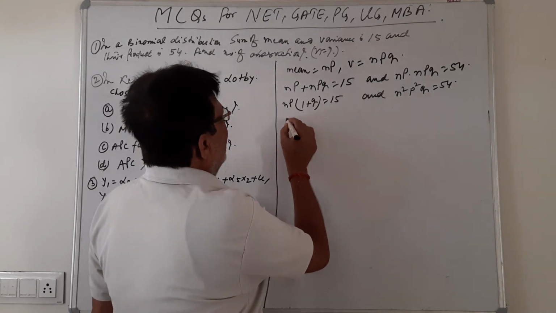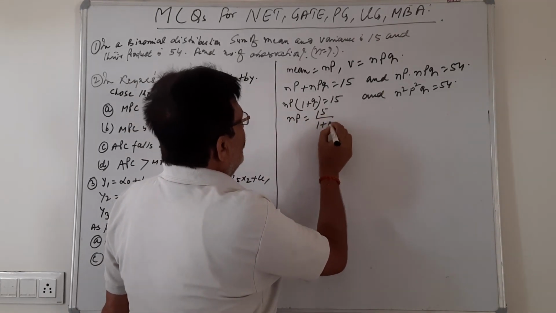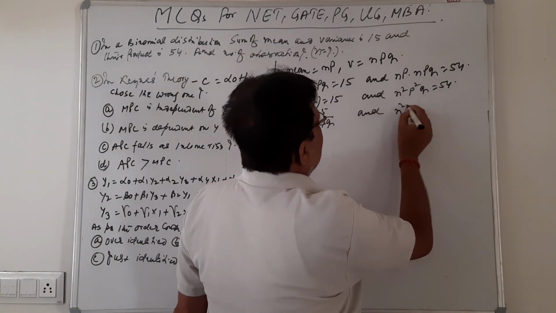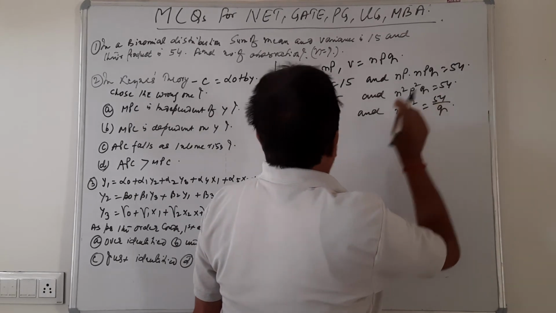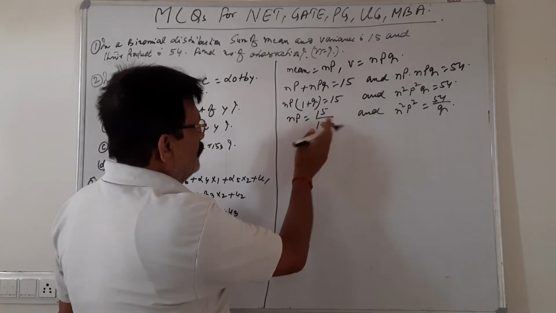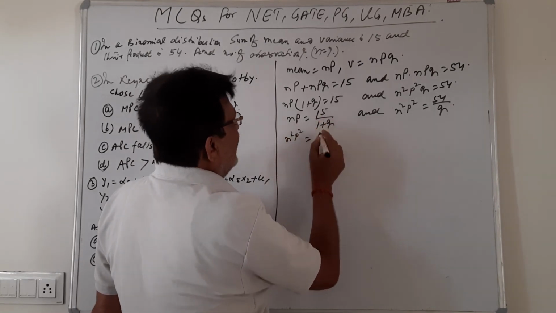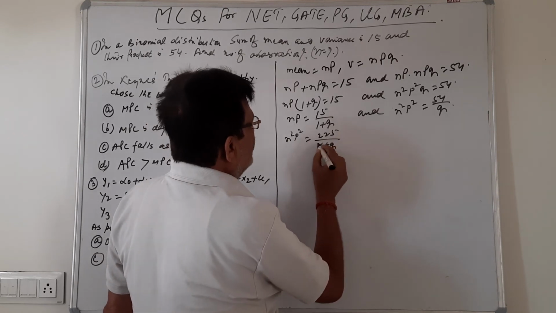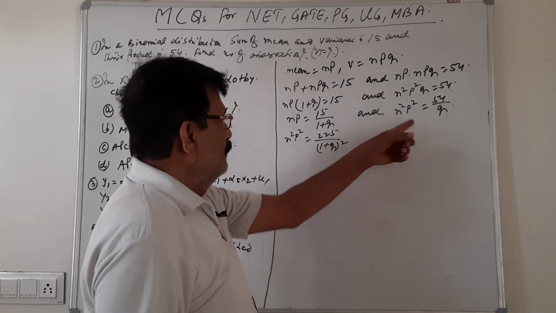This could be written as np is 15 by 1 plus q, and n square p square is 54 by q. If this is squared on both sides, n square p square is 225 by (1 plus q) square.